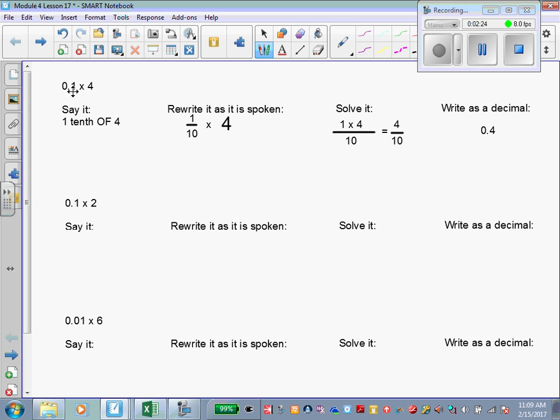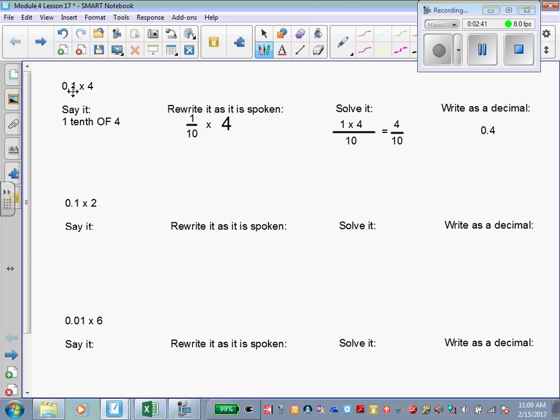Yeah. All right, now we're going to rewrite it as we said it. So as we said it, we said 1/10 of 4. Well, 1/10 as a fraction times 4. 1/10 of 4.